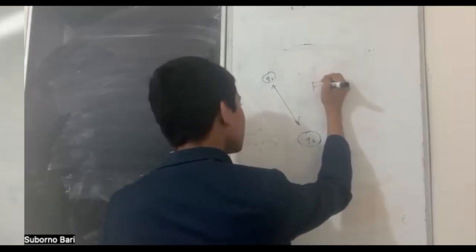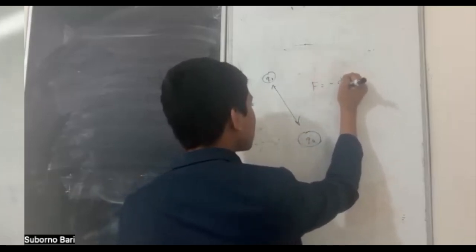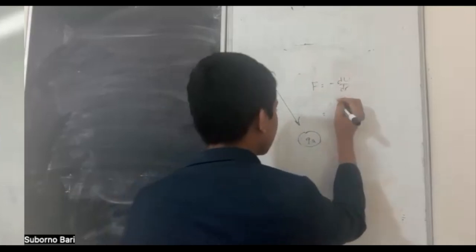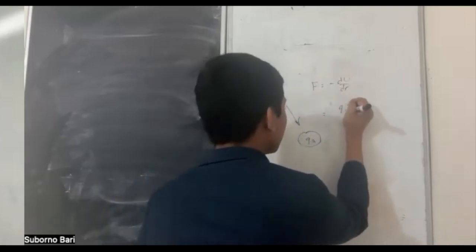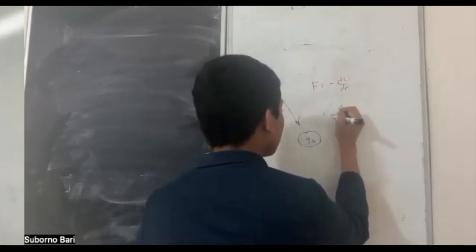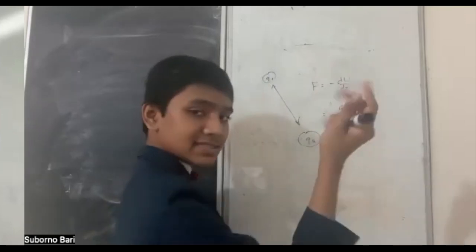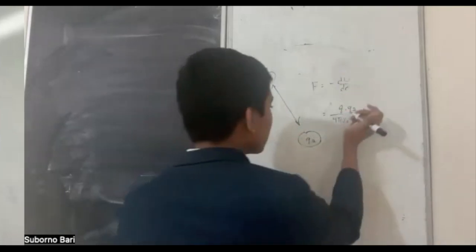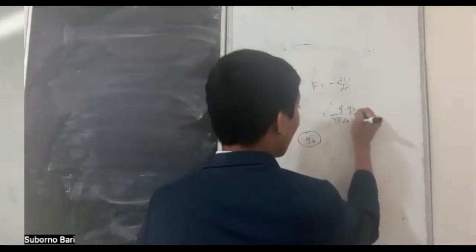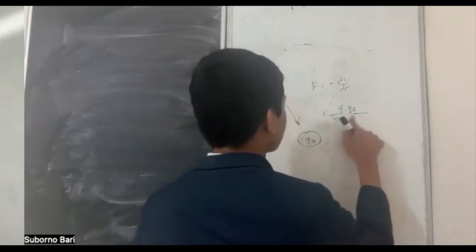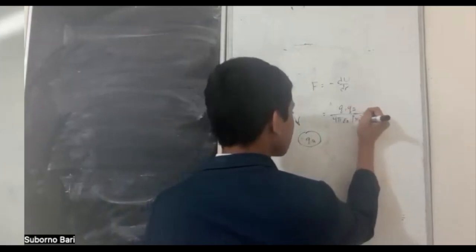The force is just minus dU/dr, which in this case gives Q1 Q2 over 4 pi epsilon naught r squared, where r is the distance between the two.